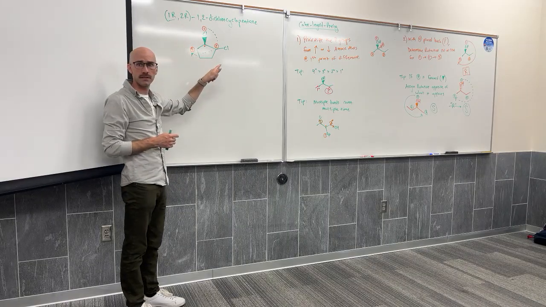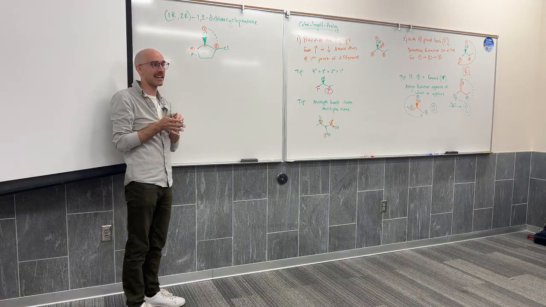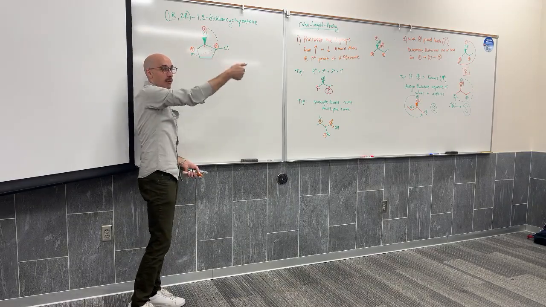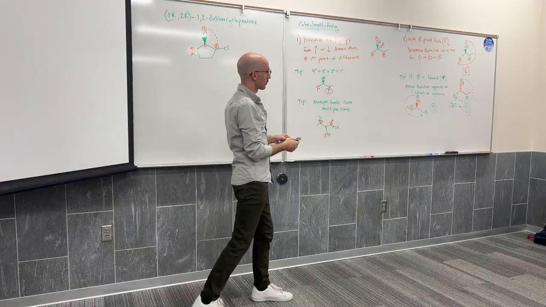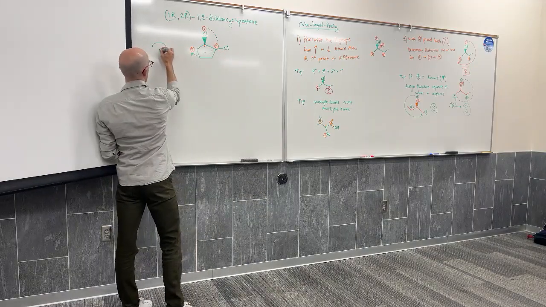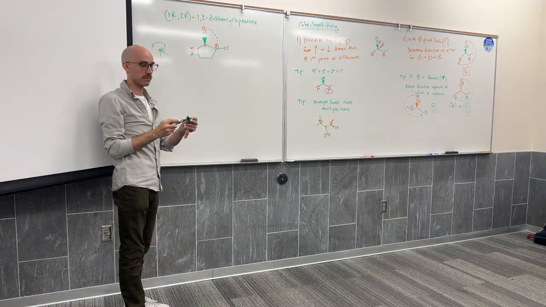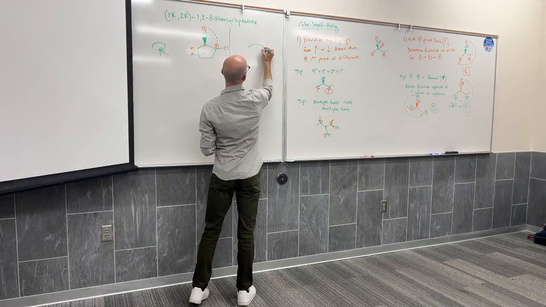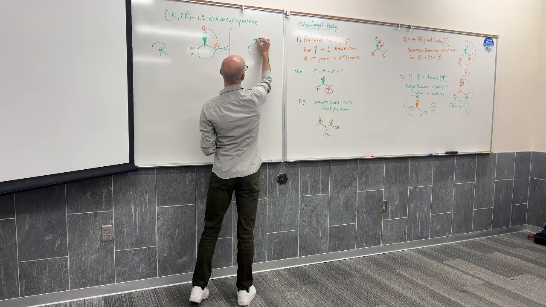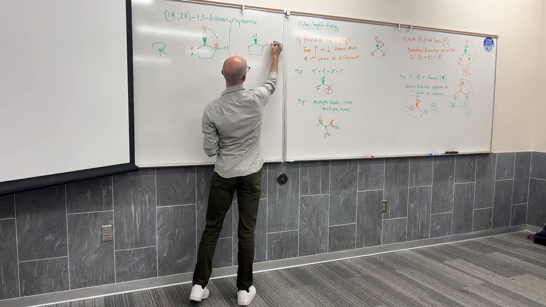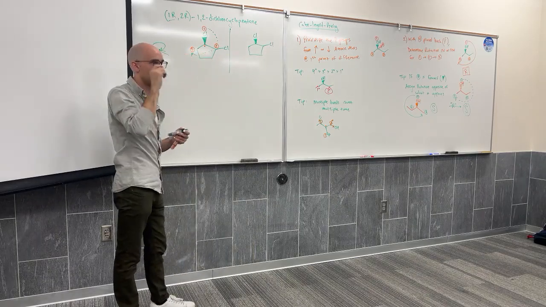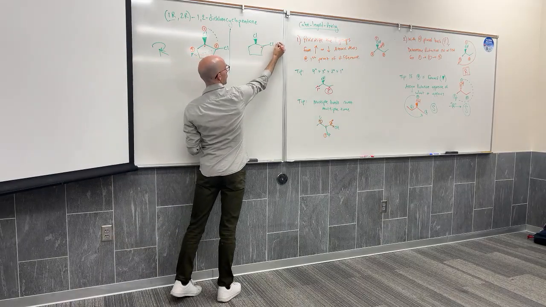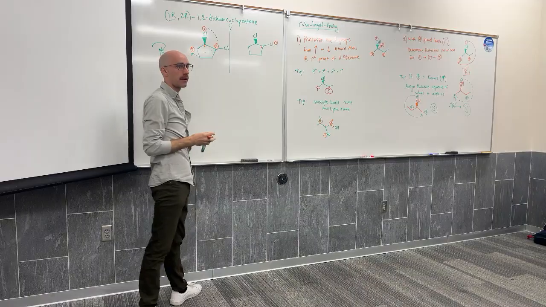You guys okay with this? I determined the groups, and then I said, if priority 4 is back, this gives me a clockwise rotation, and a clockwise rotation is R. Now, let's do it again for the second one. And just for sake of clarity, I'm going to redraw it with the information that I already know. Priority group 1 on this carbon, still the chlorine.